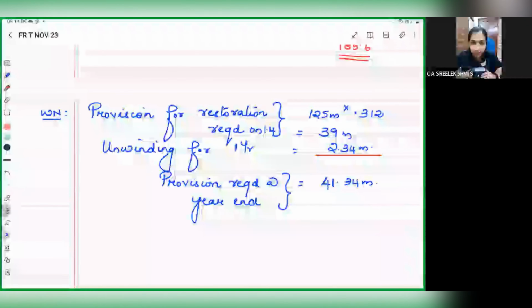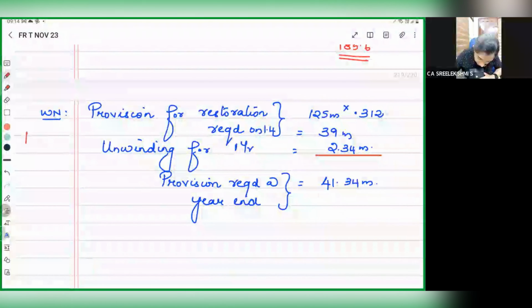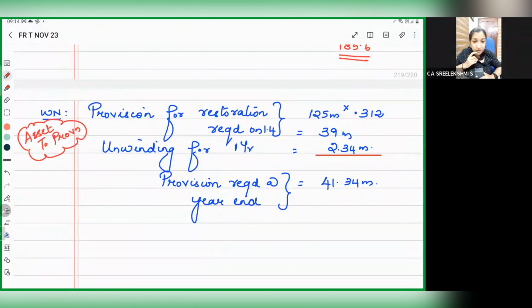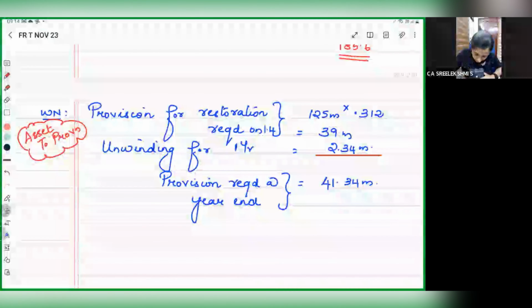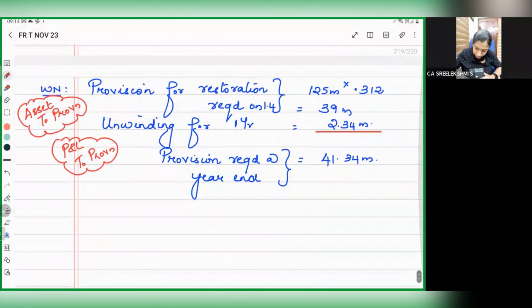Provision required. So ഓരോന്നിന്റെയും entry. Here it was asset to provision. This is what required. Asset to provision. Unwinding entry was P&L to provision.